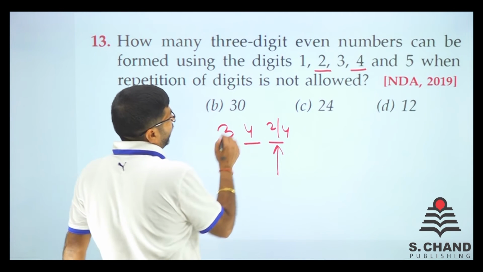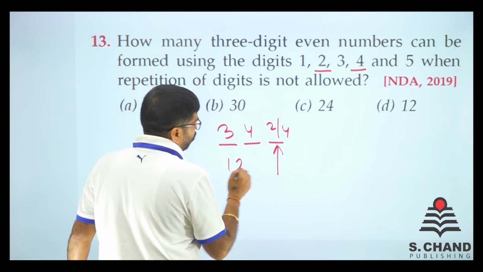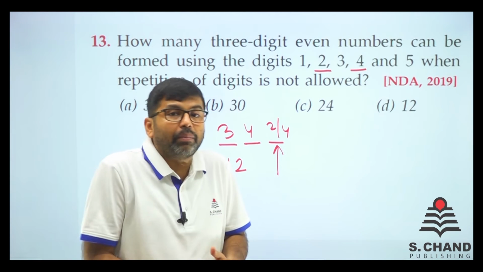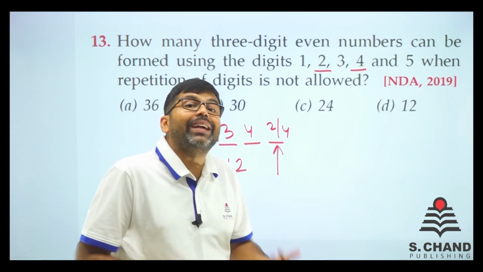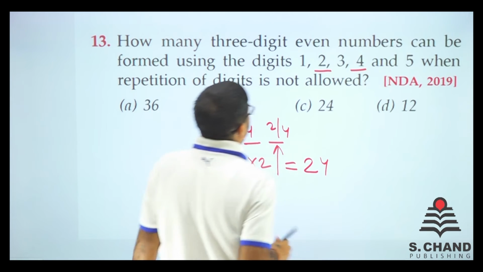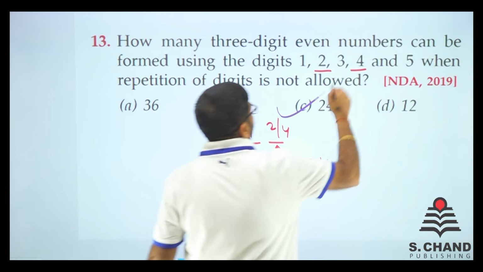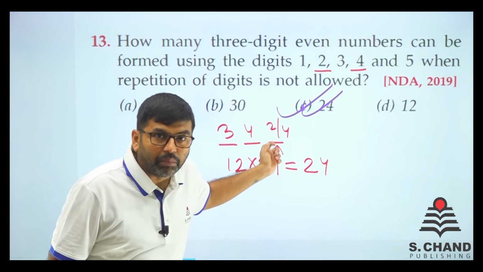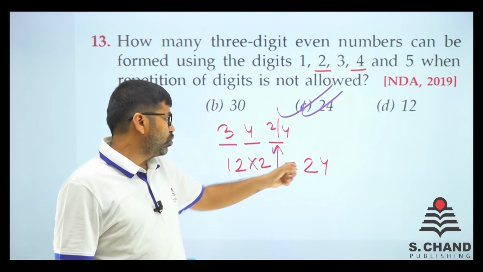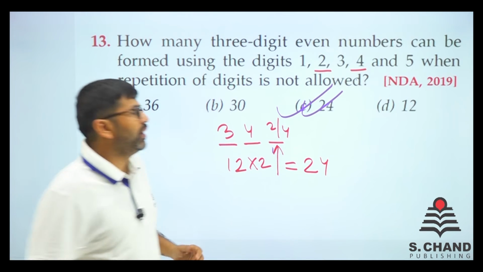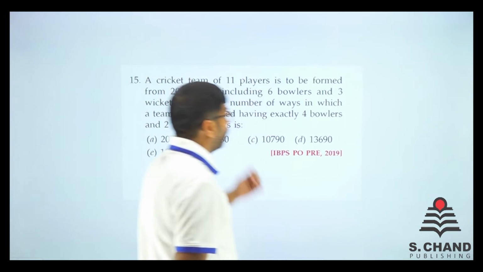Just multiply 3 into 4, that is 12. And 2 and 4, there are 2 numbers, so 2 different types. So 12 into 2, that is 24. So finally we get 24. So very simple. You fix one number here, that is 2 or 4, that means 2 ways, and the remaining on the other places. So you make it easy. Let's move on to another question.